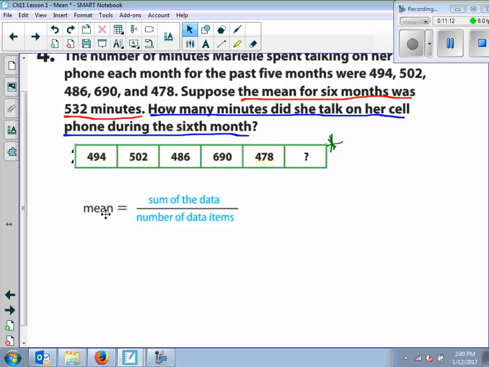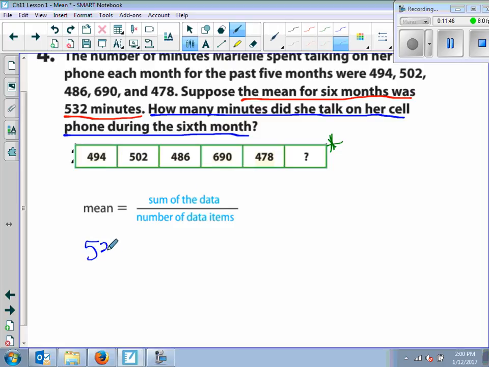So the formula is the mean is equal to the sum of the data divided by the number of data items, right? So what do I know that I can put in here? We can do the number of data items, and we can put in the mean, the average, right? It tells us the mean for the 6 months was 532. So we can put 532 in there, right?